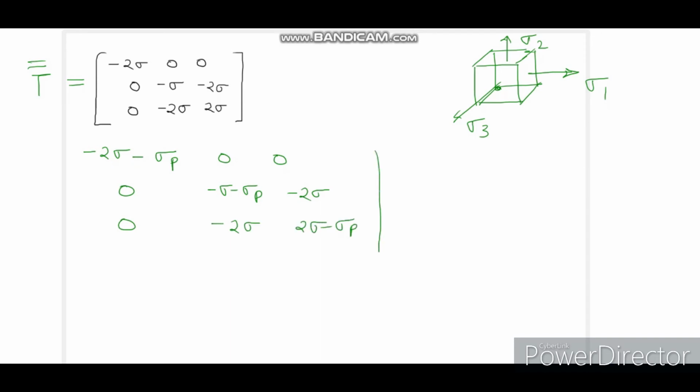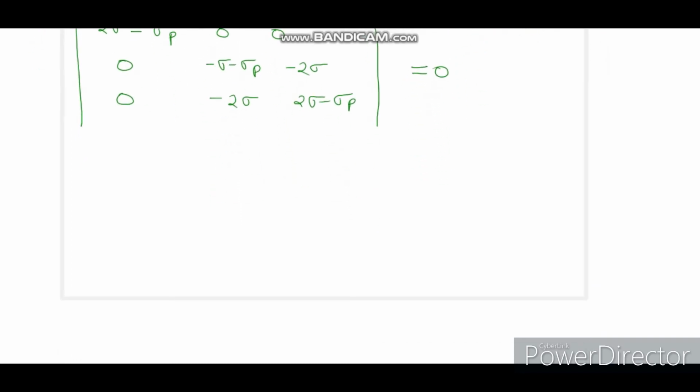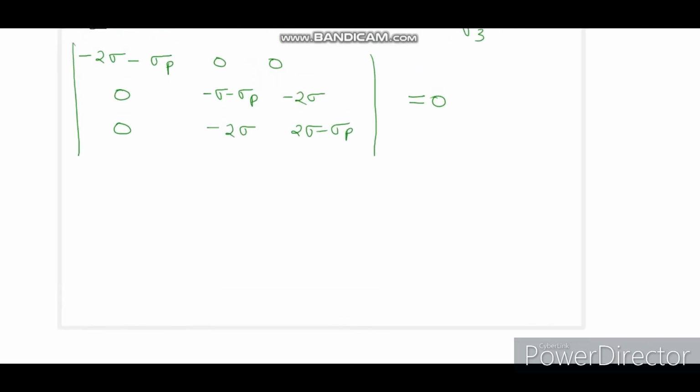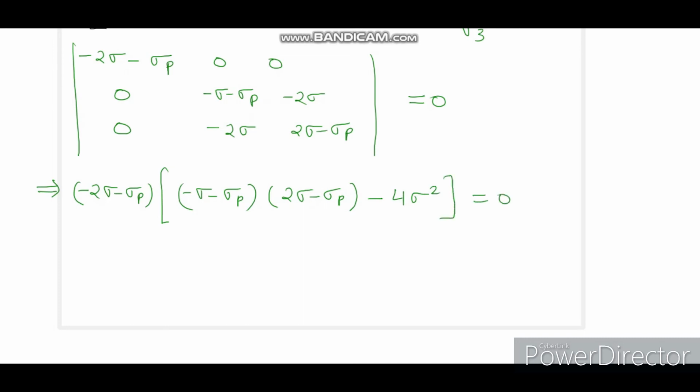By keeping this matrix equal to 0, we operate the determinant, just finding the determinant of this matrix: minus 2 sigma minus sigma p, this minus sigma p into 2 sigma minus sigma p, minus 4 sigma square equals to 0.